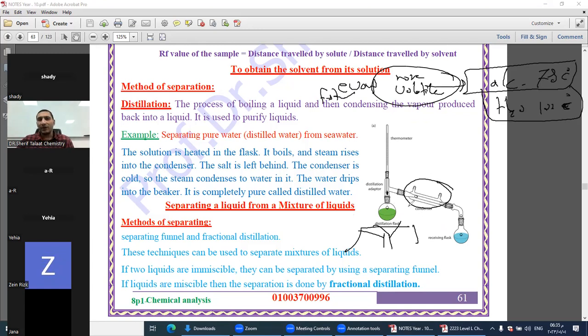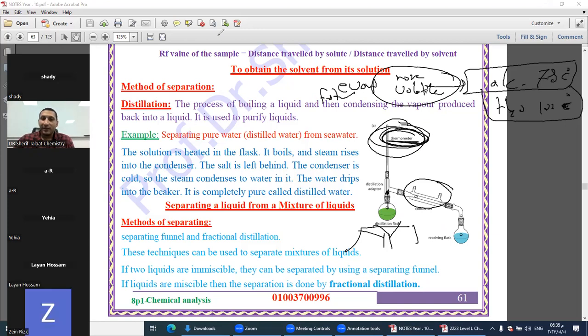ليه برضه انت استخدمت condenser? If we have evaporation, then we have a thermometer. Thermometer to measure the temperature of what? Thermometer will measure the temperature of water. لا.